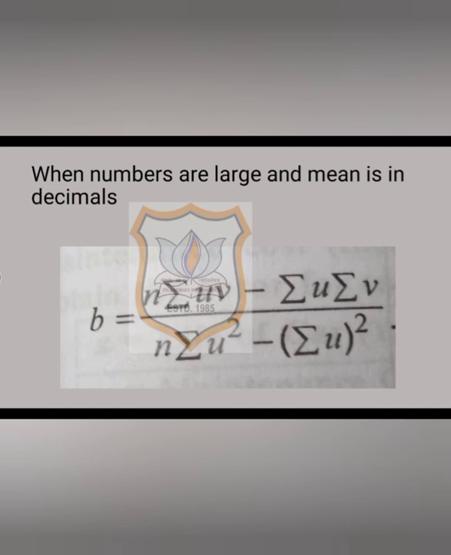The third one, when the numbers are large and the mean is in decimals, we will find the regression coefficient by the formula b = (n Σuv − Σu Σv) / (n Σu² − (Σu)²).